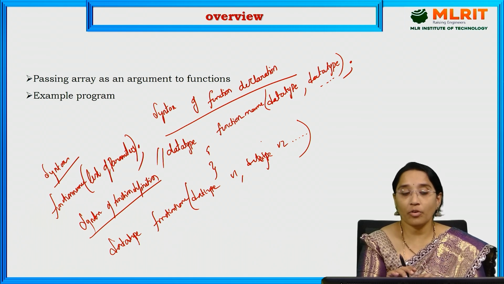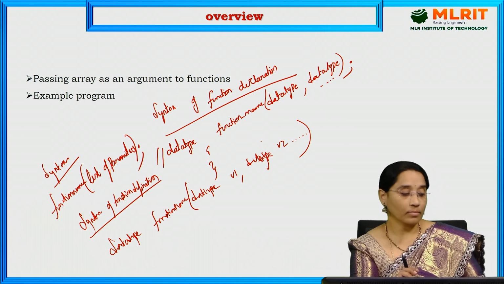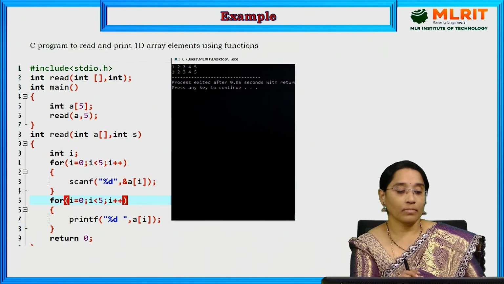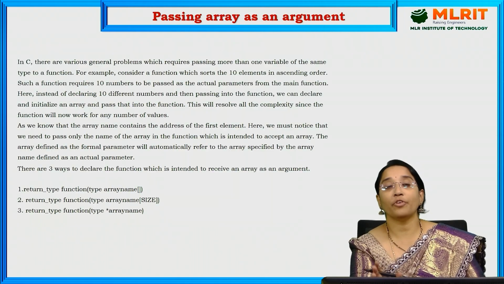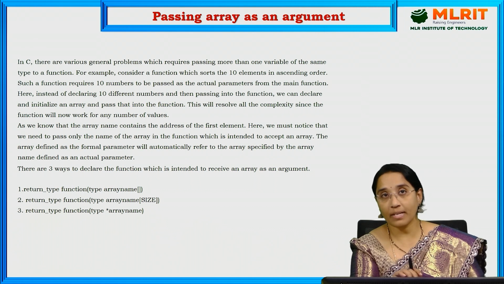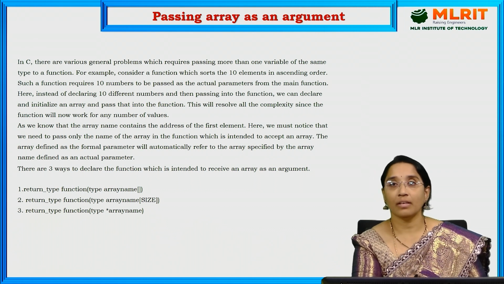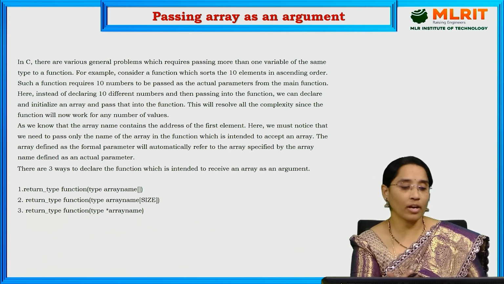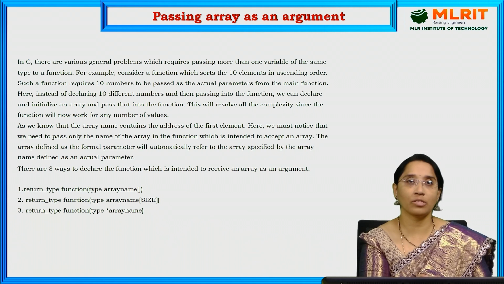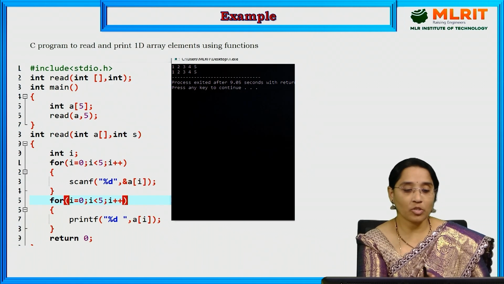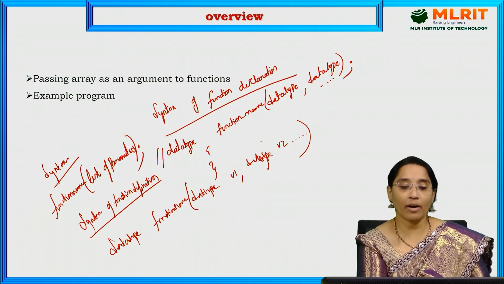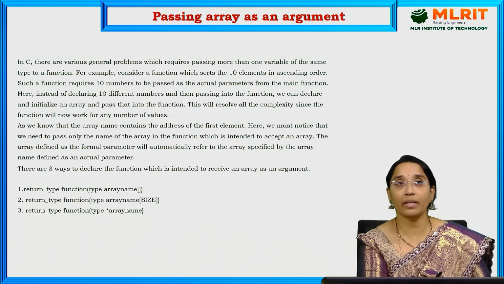But suppose I want to pass 50 students using functions, or I want to calculate 10 different numbers. That will not be possible with normal functions, right? You have to pass an array as an argument in the function.